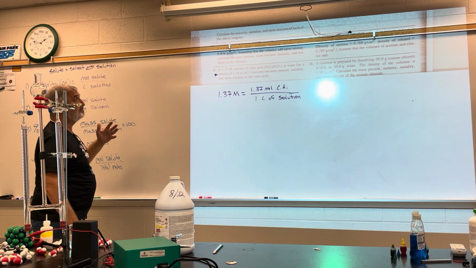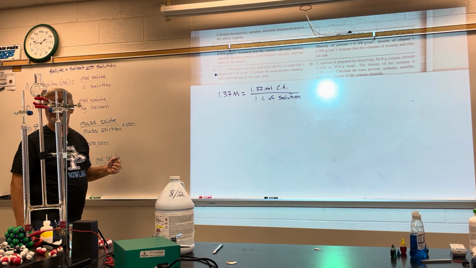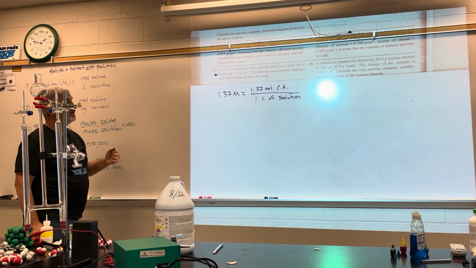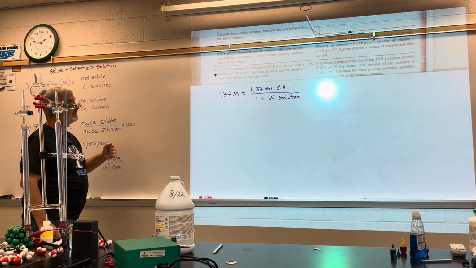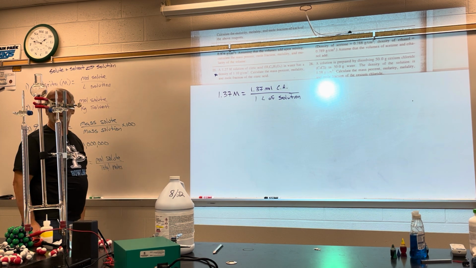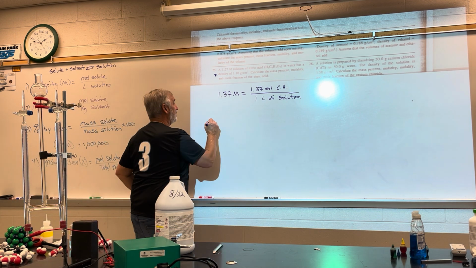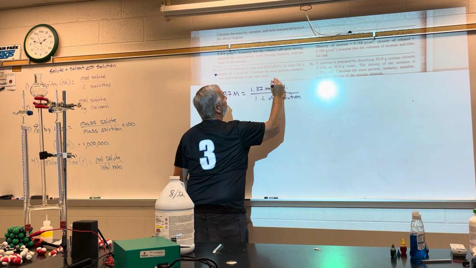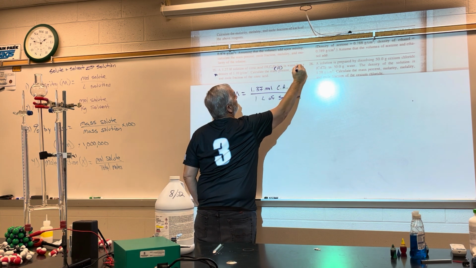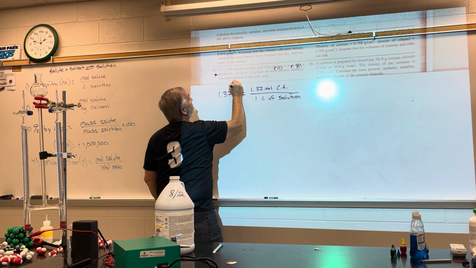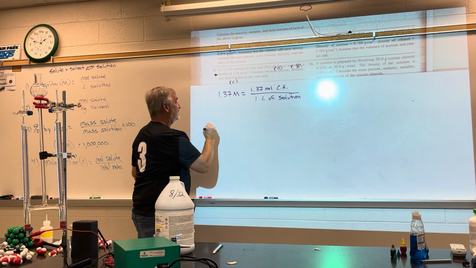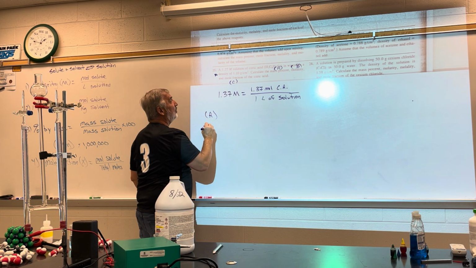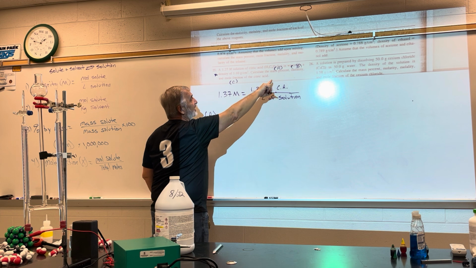So I know how many moles of citric acid I have. Is there any way for me to get the grams of citric acid? Use the molar mass. So let's just say that this is going to be A, B, and C. Okay? So A, I want to get the mass of everything.